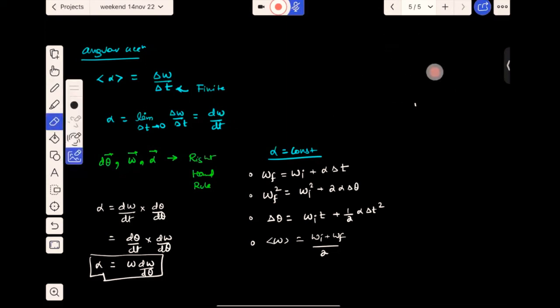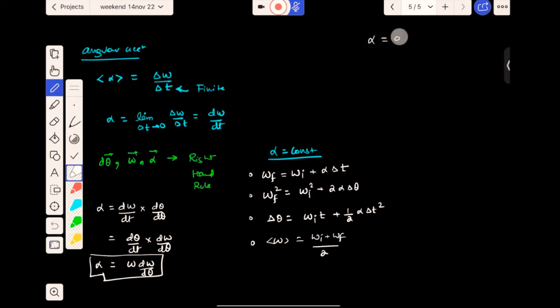So suppose alpha is constant. I can write alpha equal to d omega by dt. So d omega I can write as alpha dt. What you will read in this mathematical equation, d omega equals alpha dt, is the change in the omega that will happen in a small time interval dt.